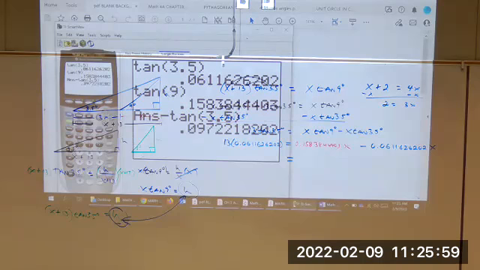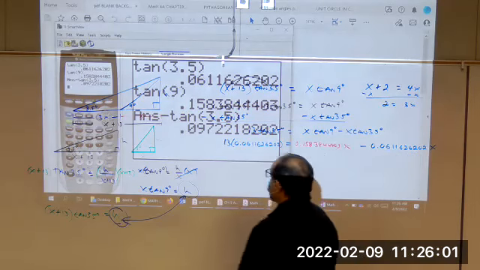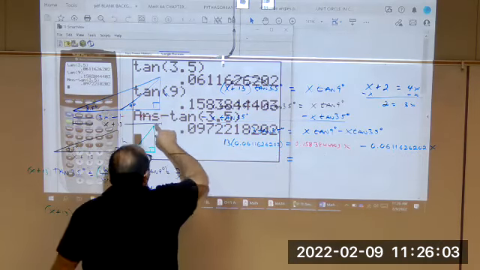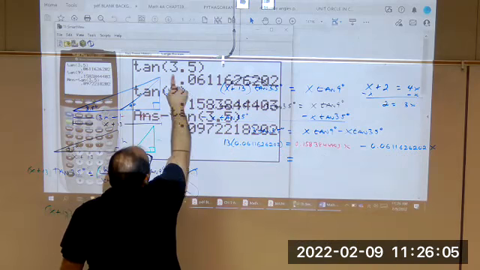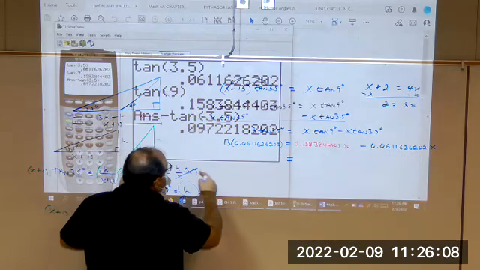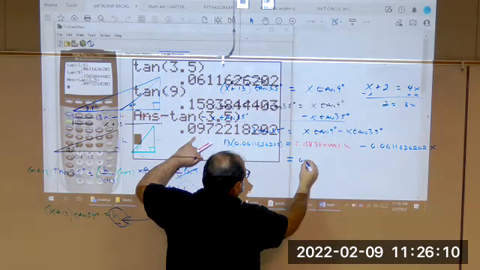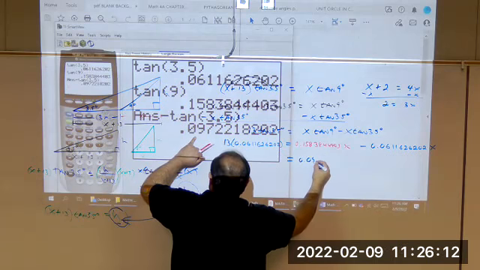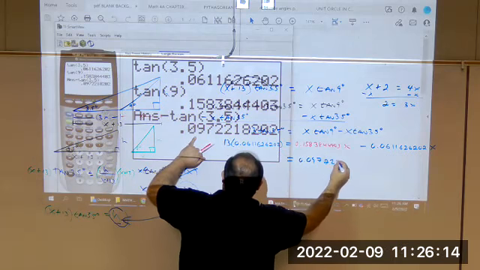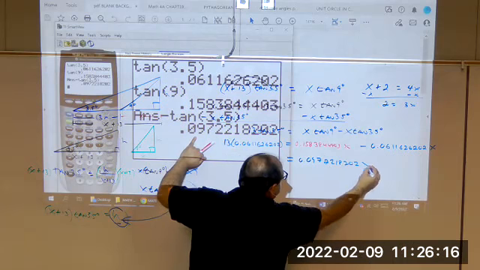But I'm showing you my work because that way everybody's following what I'm doing. So this answer is my tangent of 9 minus the tangent of 3.5, and we get 0.09722182202 x's.